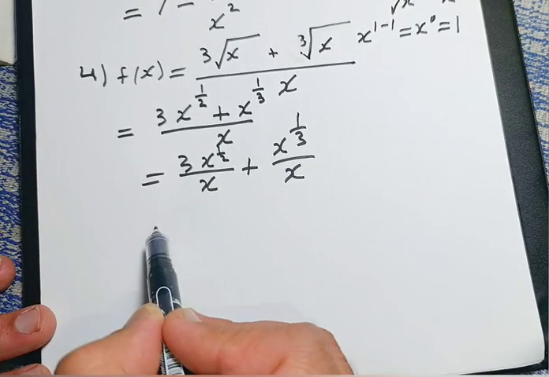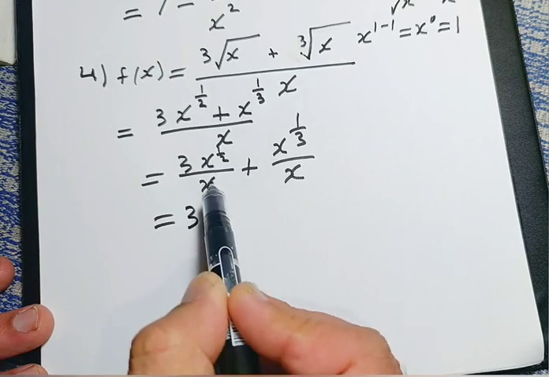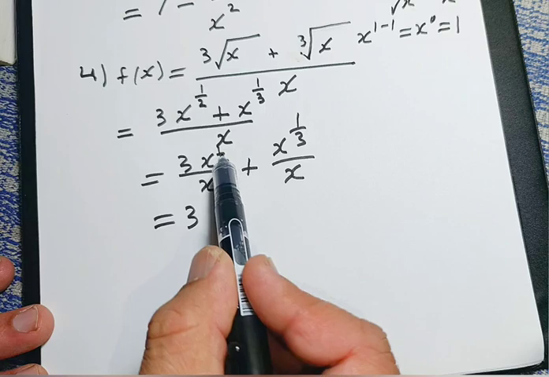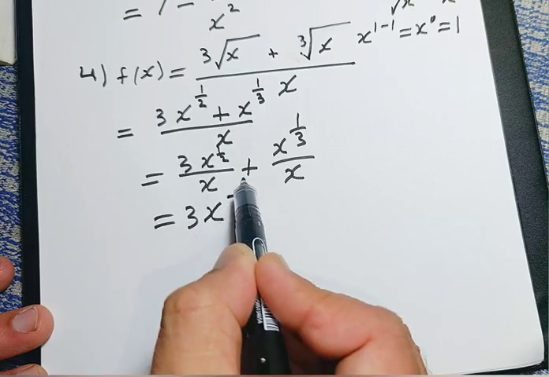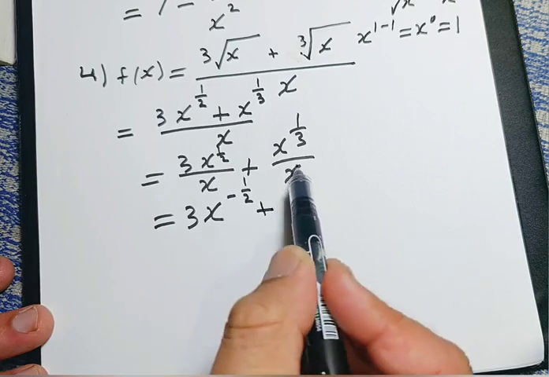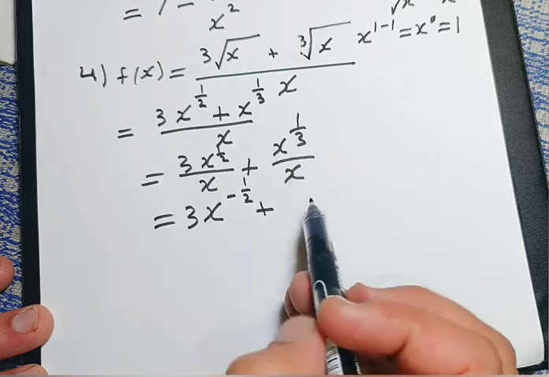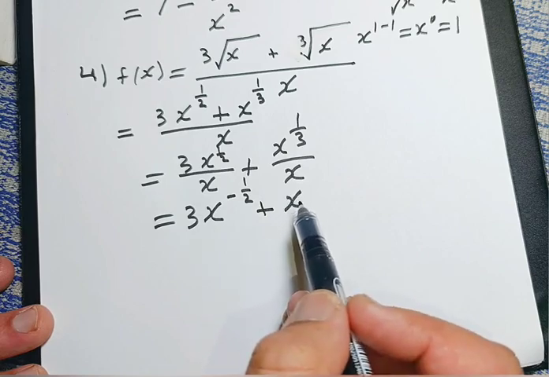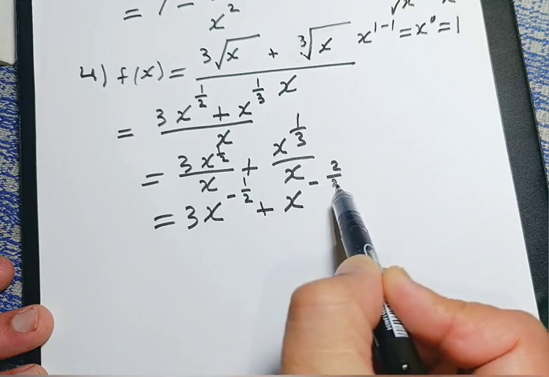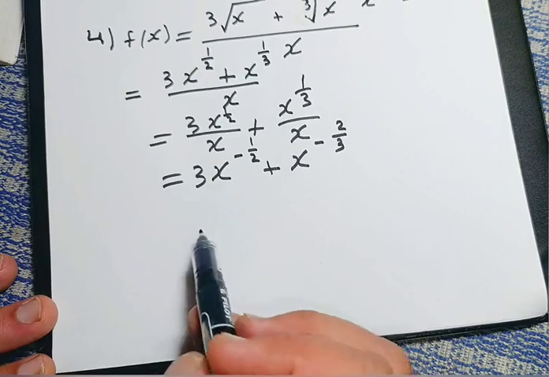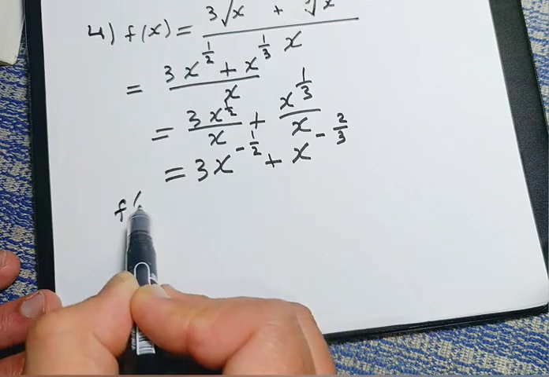Now, we're going to get rid of the denominator. So 3x, this power 1, when I pull it up, 1 over 2 minus 1, I use the calculator. So the answer is going to be x to the negative 1 over 2 plus, this one also positive 1, I pull it up, becomes negative, 1 over 3 minus 1. So it's going to be x, I use the calculator, negative 2 over 3. Now I can apply the derivative here. So I'm going to apply the first derivative.